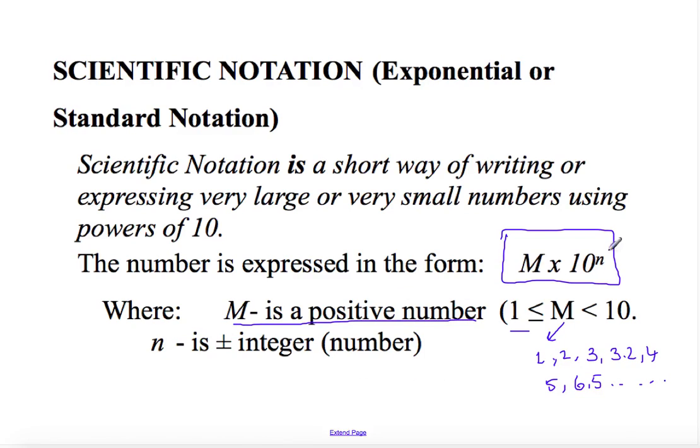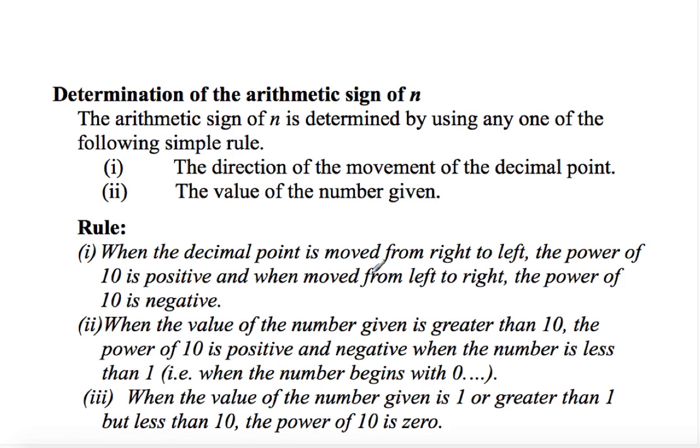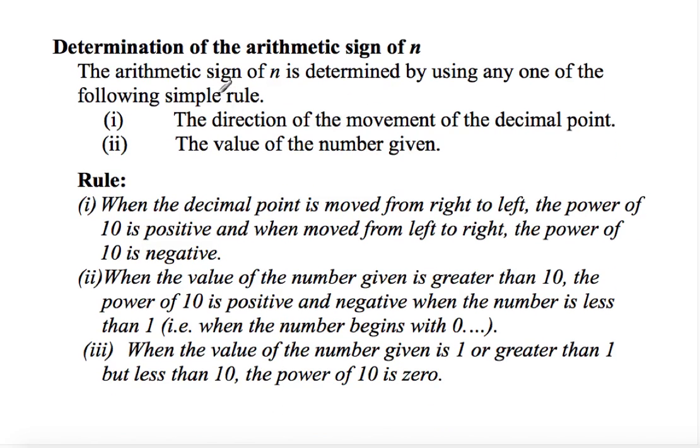And here the power n must be an integer, but it can be positive or negative. So, determination of the arithmetic sign of n, let us continue. The arithmetic sign of n is determined by using either of the following simple rules: first, the direction of the movement of the decimal point, and second, the value of the number given.